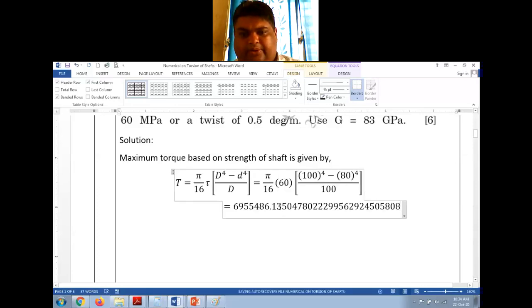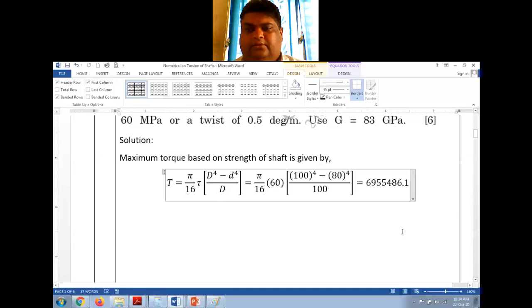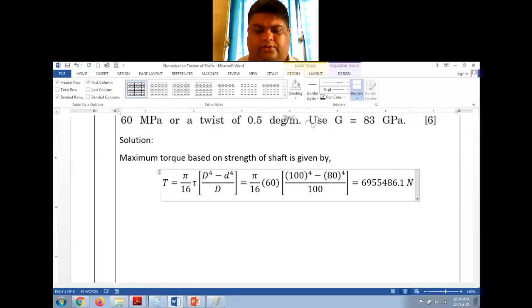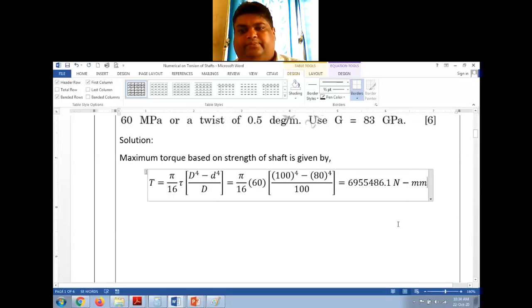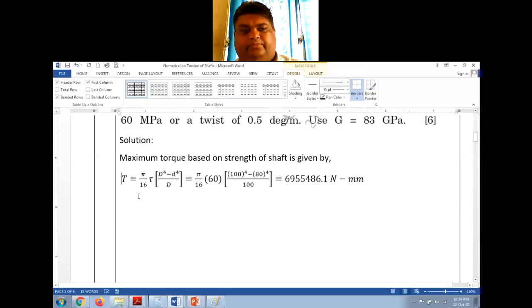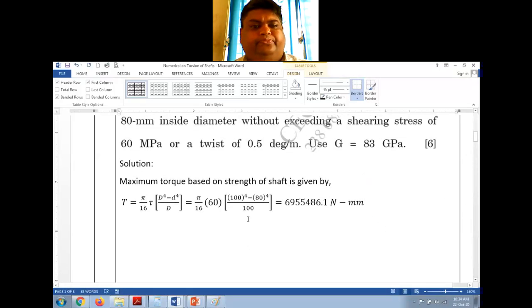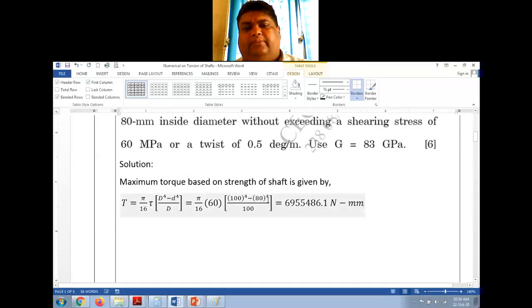So I will keep it to one decimal place only, Newton millimeter. Right? So this is the maximum torque we can transmit without any shear failure of the shaft.